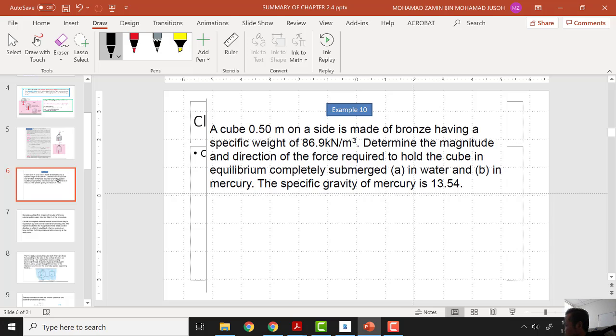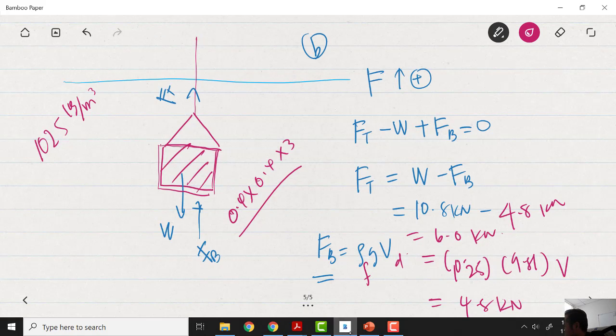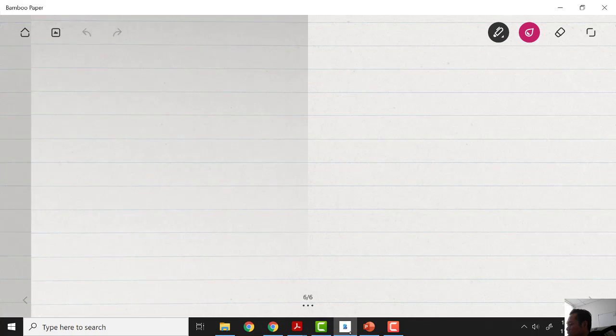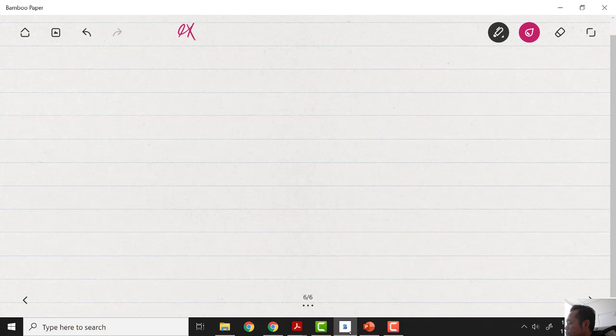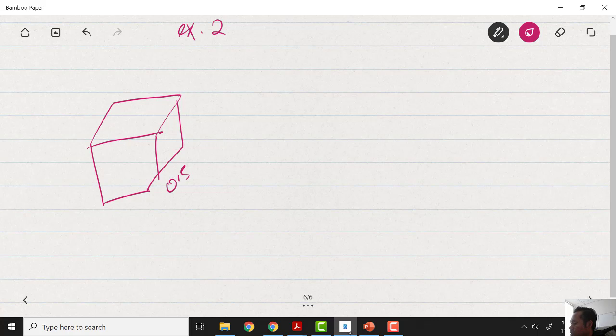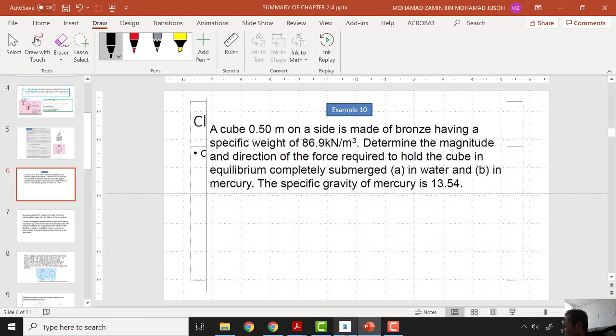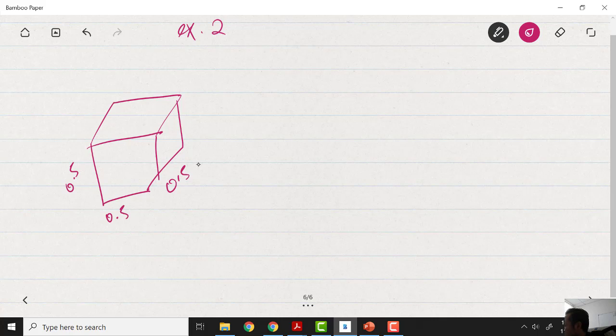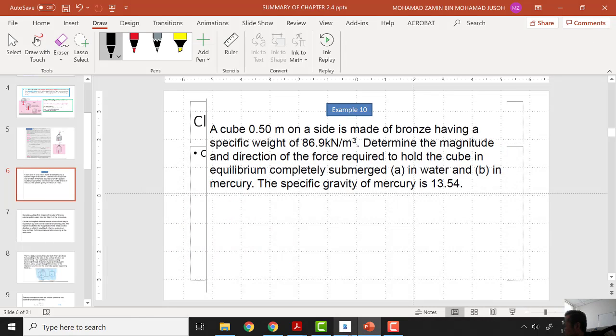For example 2, we have a cube of 0.5 meter on all sides.